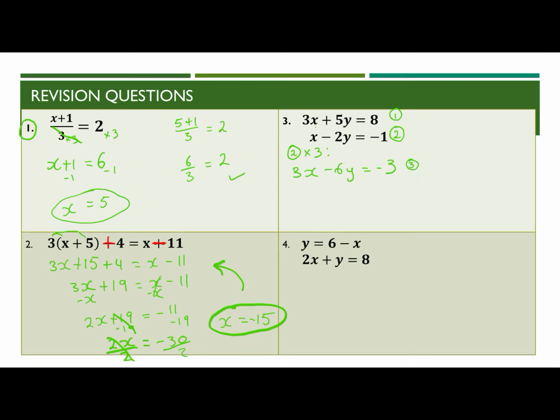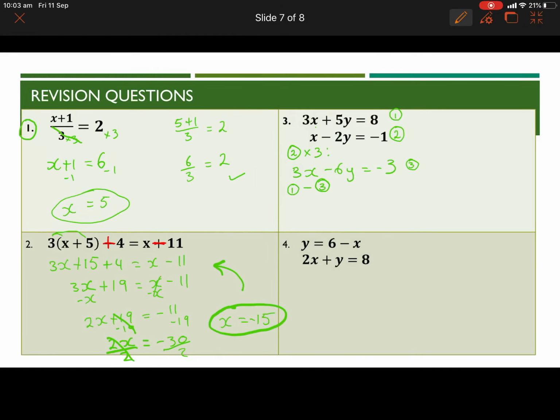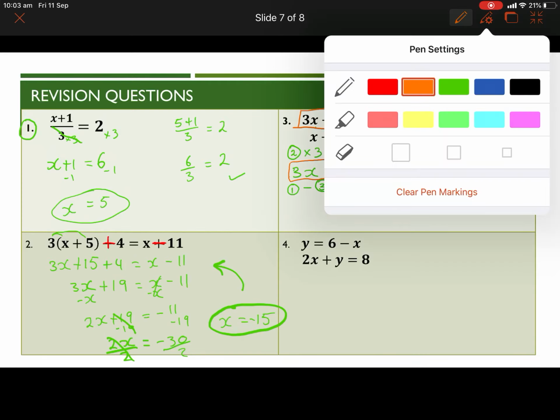So we can call this our third equation. Now to do our elimination method, we'll take our first equation and subtract our third equation. I might color code it. So we're using equation number 1 and number 3, and we subtract each term from each other.